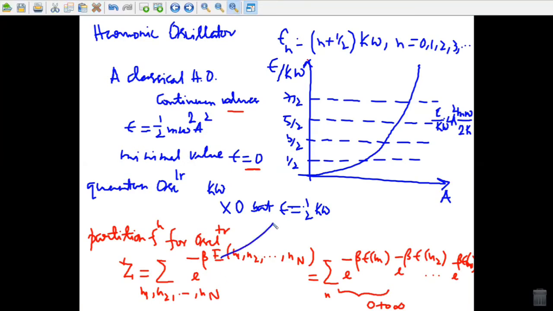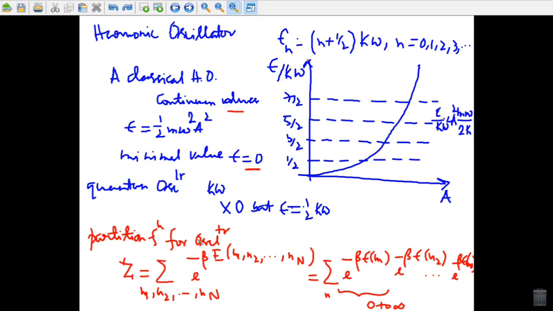So capital E as a function of n1 to nN is nothing but the sum of individual oscillator energies, that is epsilon n1 plus epsilon n2 plus epsilon nN.